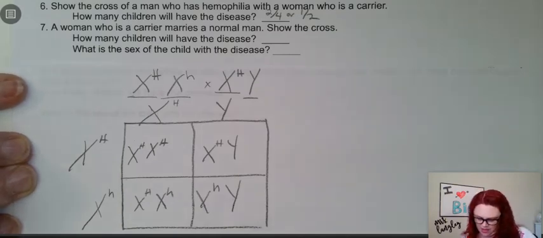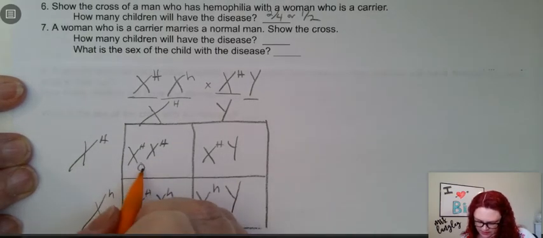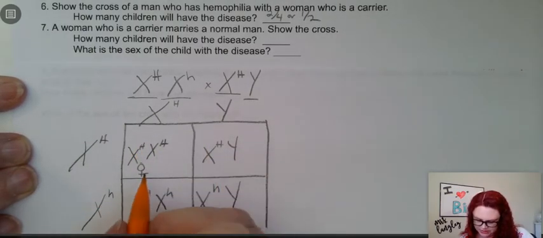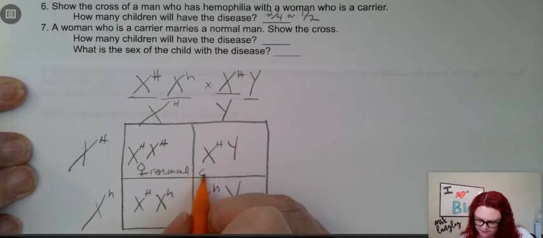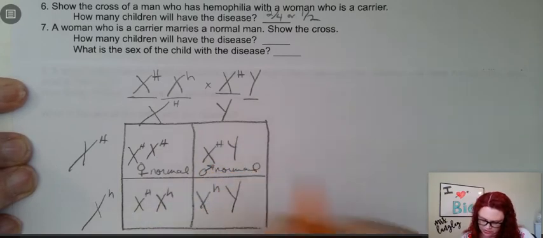Okay. I have 2 X's making this female, but I am homozygous dominant, which means normal. I have an X and a Y, that means male with a capital, that means normal. I have 2 X's, so that's female, 1 of each, so that's carrier.